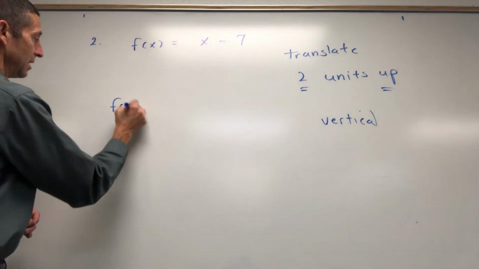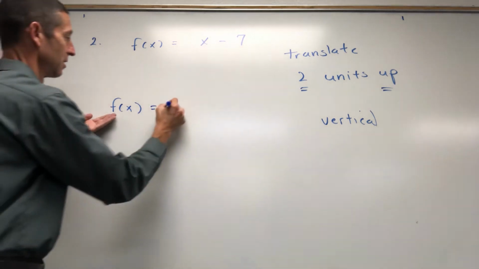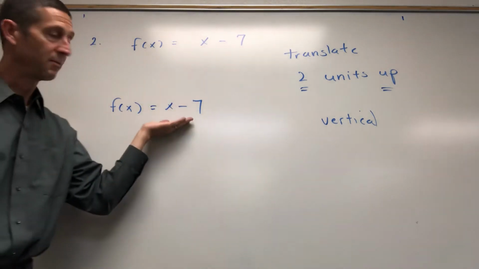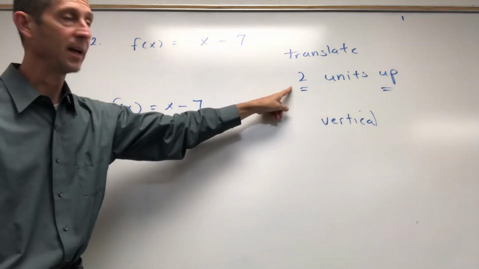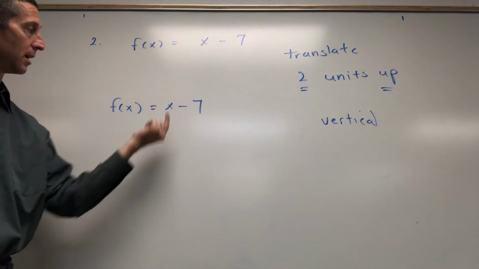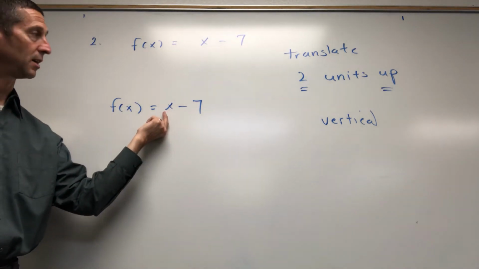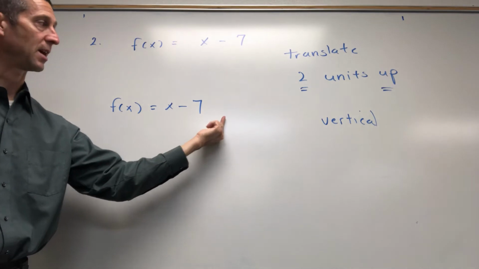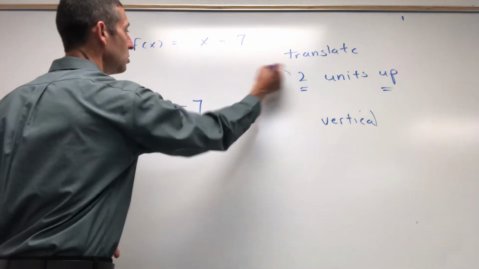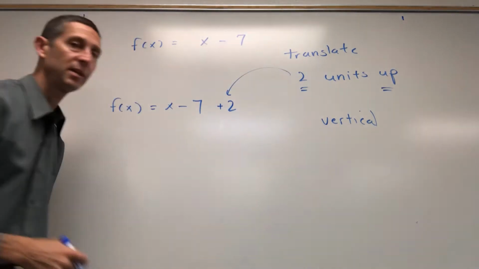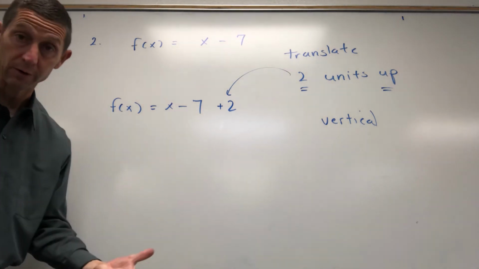So on my equation that I started with, I have x minus 7. I'm going to add 2. If it's vertical going up, do I put it in parentheses, or do I put the 2 units up on the outside? This 2 definitely goes on the outside if it's vertical.